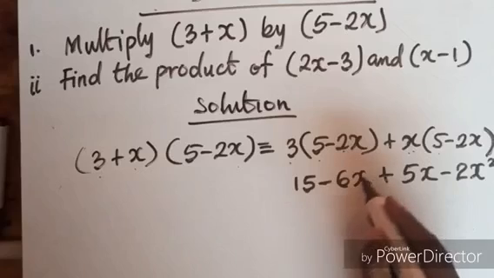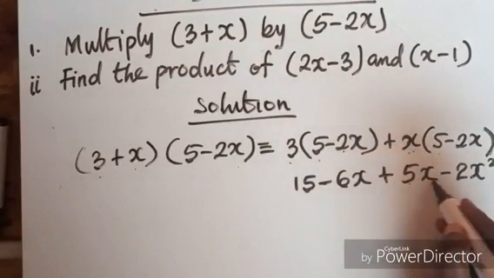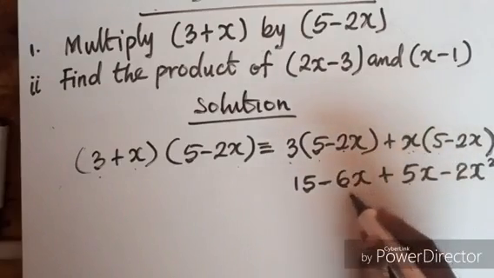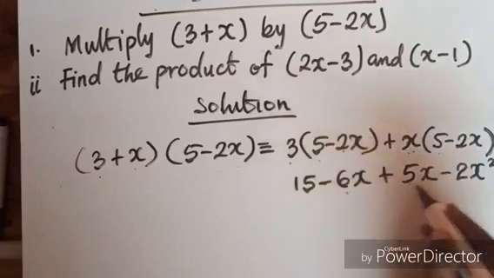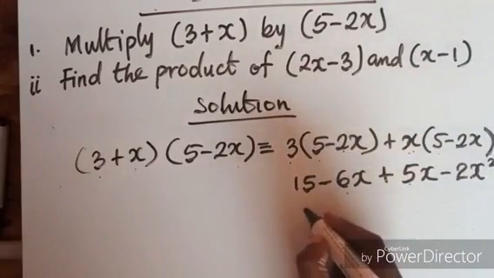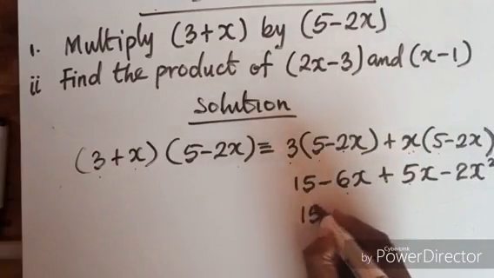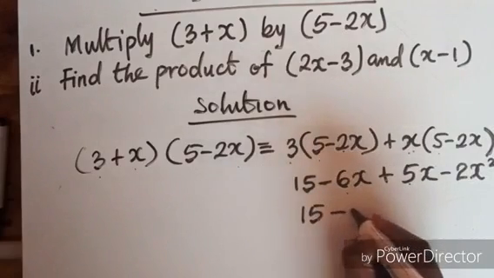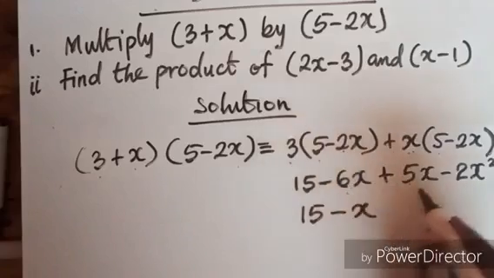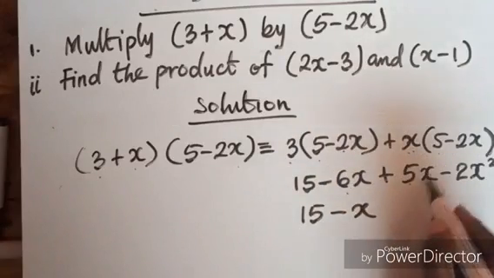Because in the middle part, this is x and this is x, we can do something to the 5x and minus 6x. So we arrange it, having 15, then minus x. Meaning if you owe 6 and you have 5, you pay the 5 out.